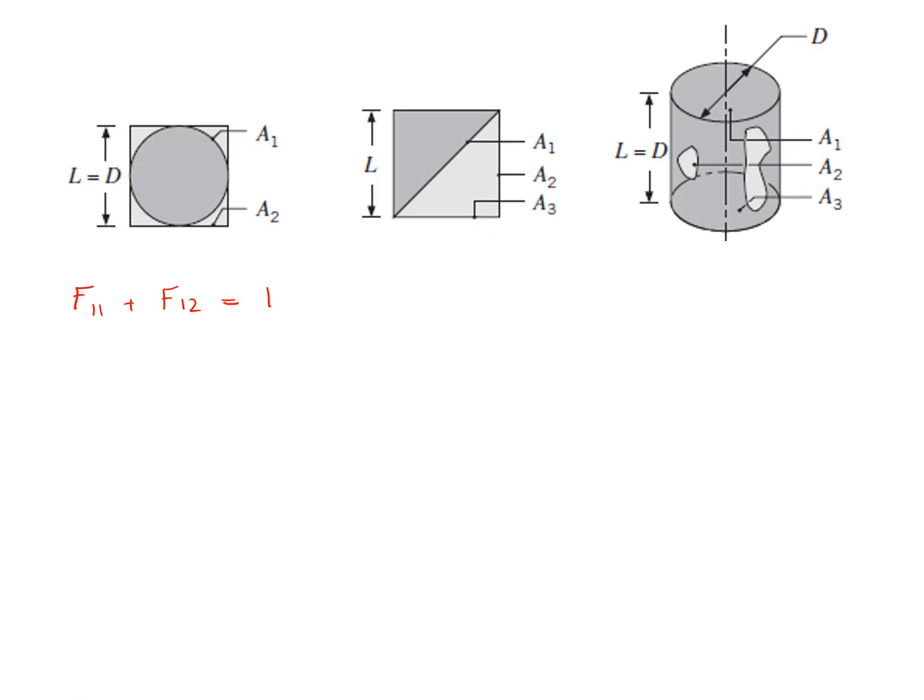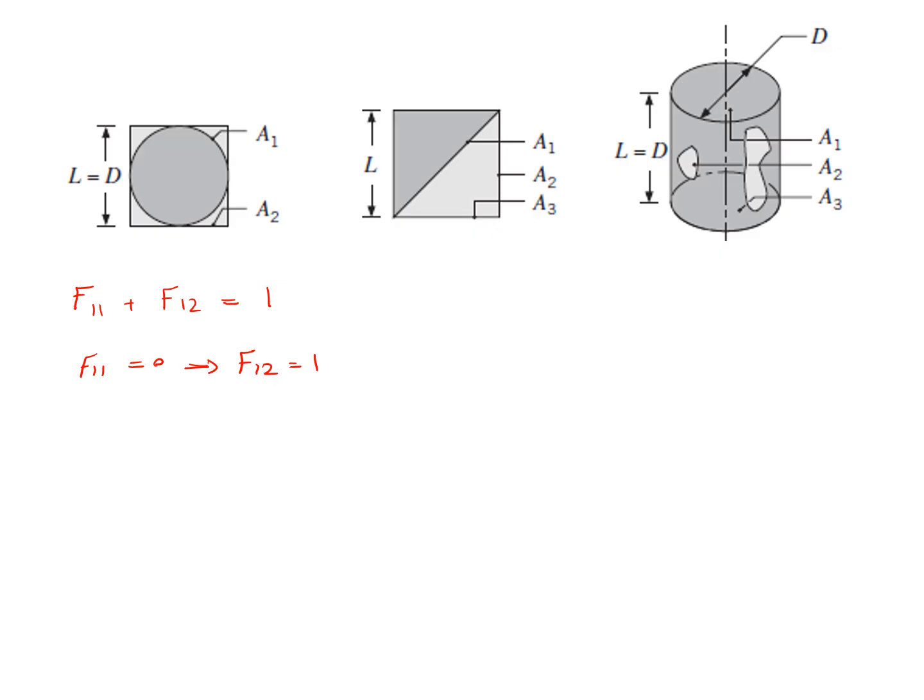That would become all my radiation. That's why the fractions are equal to 1. Surface 1 is a sphere. It's a convex surface. We know that that type of surface does not have any radiation coming off of it that is intercepted by itself. So f11 I'm going to call 0. And as a result, f12 is going to be equal to 1.